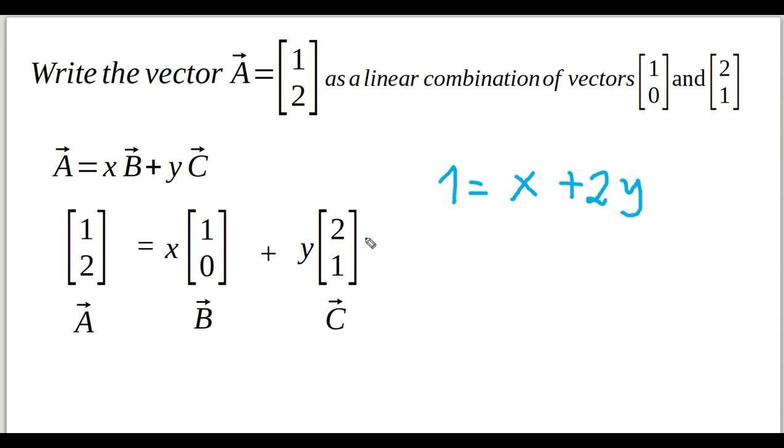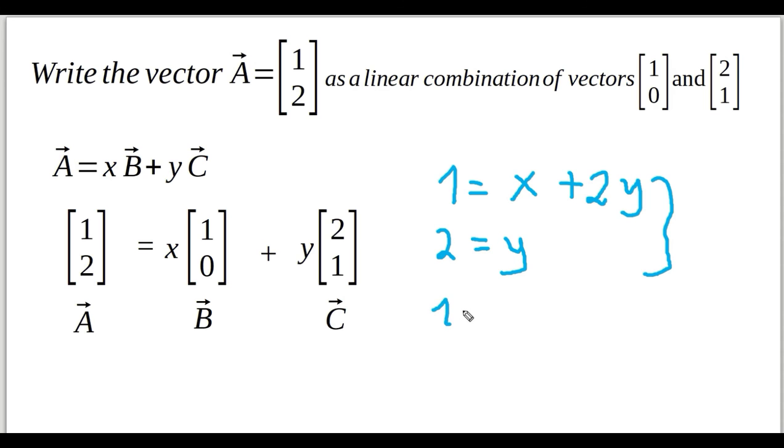The next one is 2 is equal to x times 0, which is 0, plus y times 1, which is y. So we have a system of equations to resolve. Luckily, in my example, we already know the value of y. So all we have to do is plug in the value of y in equation 1 to obtain the value of x. Let's go ahead and do that.